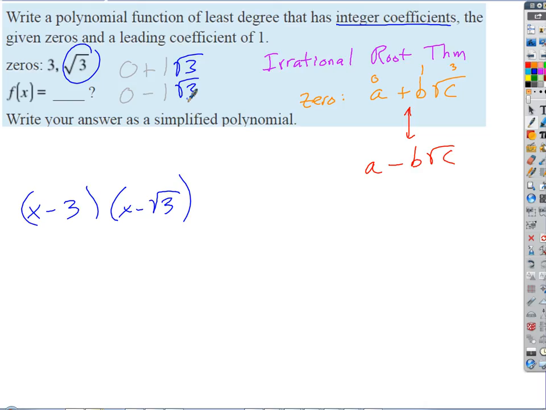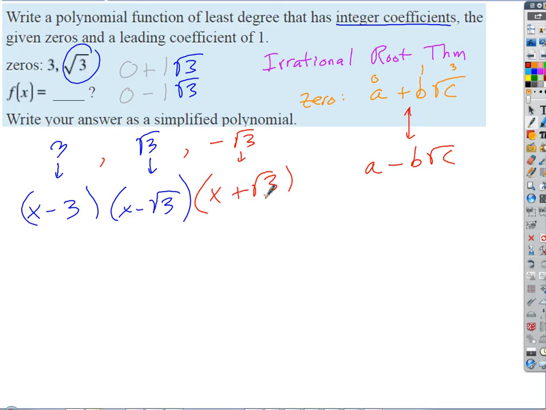So the square root of 3 gave us that factor. Well, we'd also have to have another one out here. We'd have to have a minus square root of 3. That's the partner with this one. What factor is that going to give us? It's going to give us x plus the square root of 3.